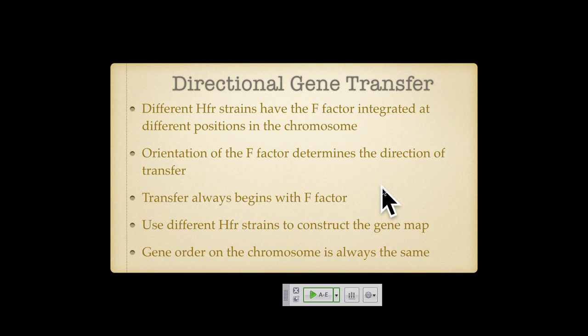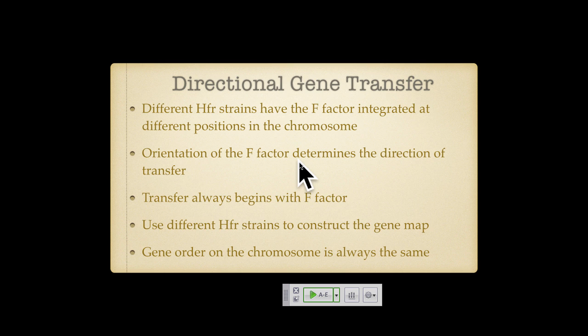Well, what we do is we take advantage of the fact that this F factor can integrate at random into the chromosome. So, a couple of things to keep in mind before we show you that. These different HFR strains are going to have the F factor integrated at different places. What we mean here by directional gene transfer is that the F factor can insert itself in two different orientations.